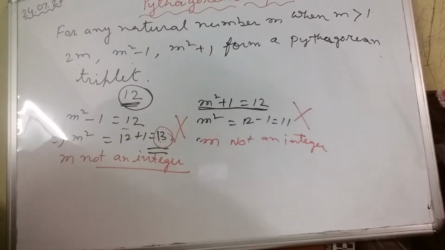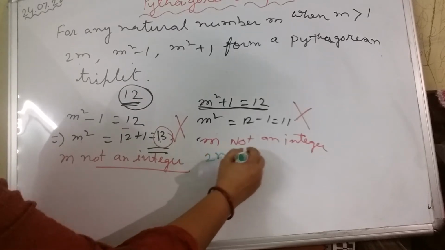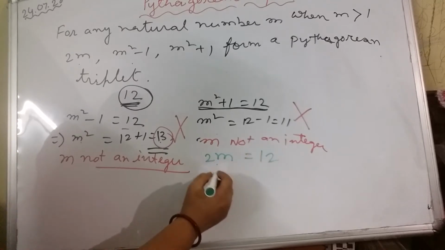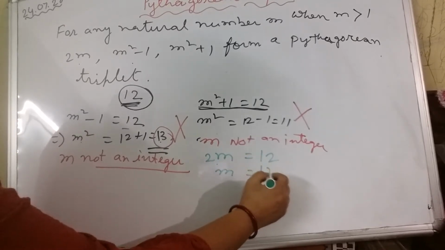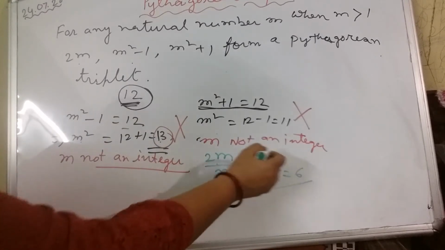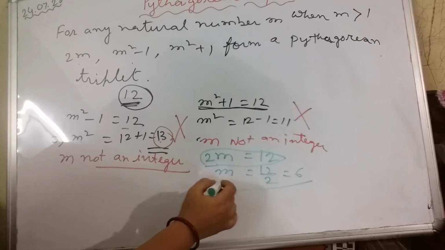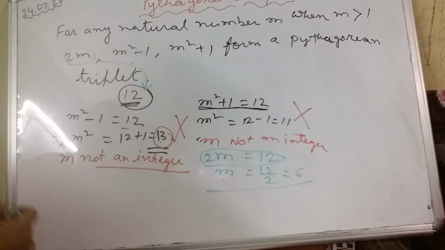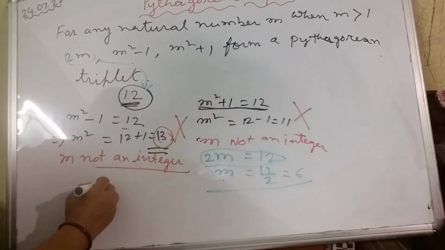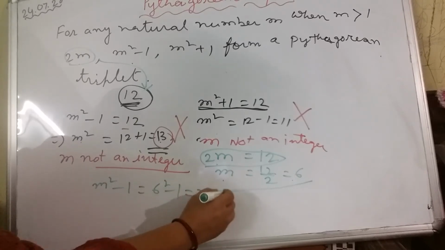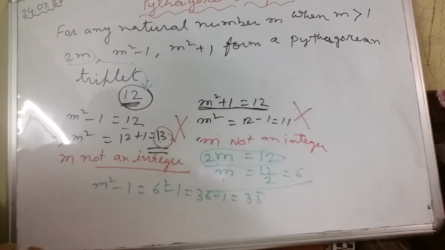Now if we take 2m equals 12, then m equals 12 by 2, that is 6, where m is an integer, so we will use this one. So m equals 6, so 2m is 12. So m square minus 1 will be 6 square minus 1, that is 36 minus 1, 35.